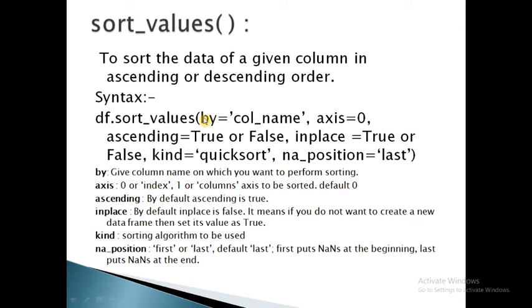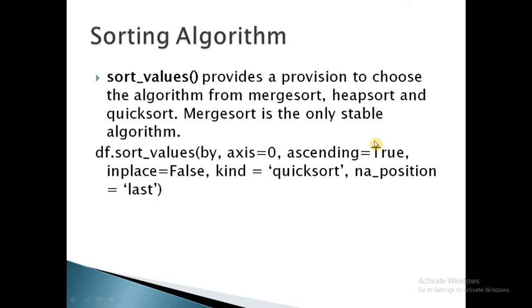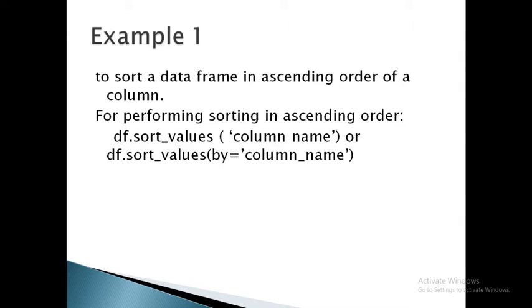But the mandatory part is this. Others you can skip. Now sorting algorithm. As you all know, this kind will take the sorting algorithm value. So it can be merge sort, heap sort, or quick sort. So you can take all these values of algorithm.